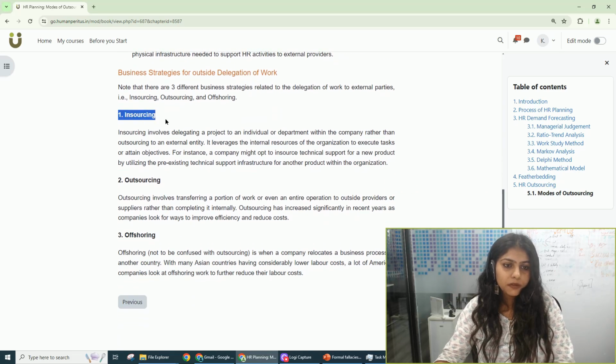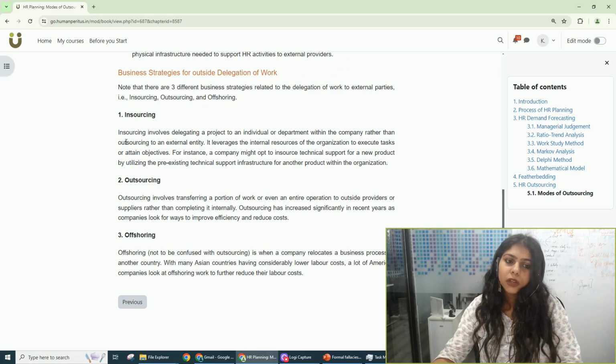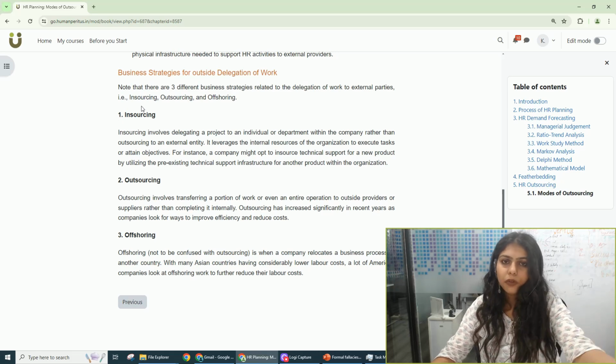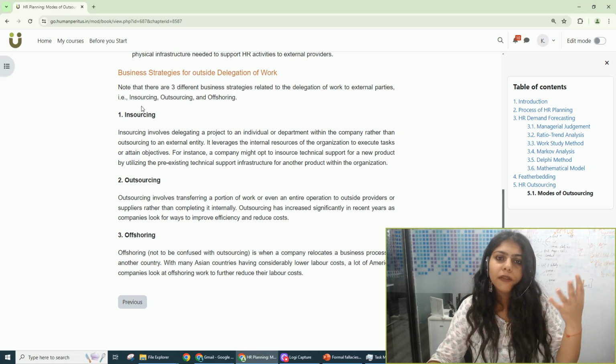First is insourcing, second one is outsourcing, and then we have offshoring. So the delegation of work could happen in three ways.